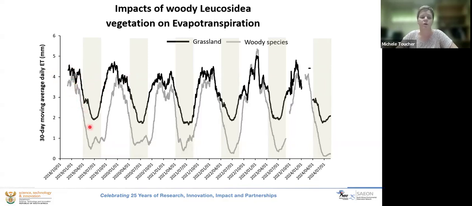But as soon as we start going into autumn and then into winter, we get a very different response from the two catchments. The grassland, sorry, these colors are the wrong way around. Sorry. So the grassland is the gray line and the woody species is the black line. My apologies.